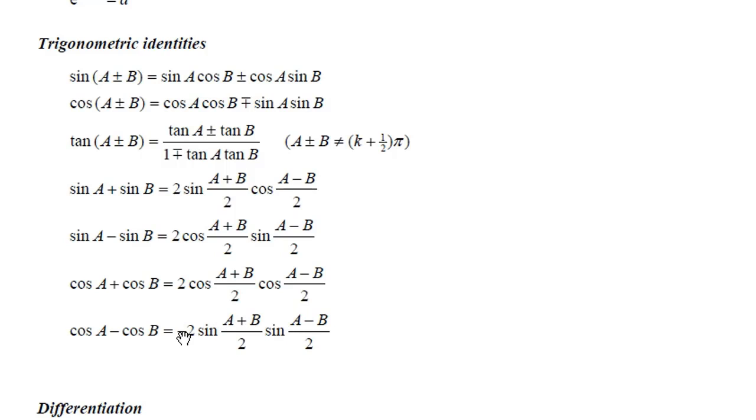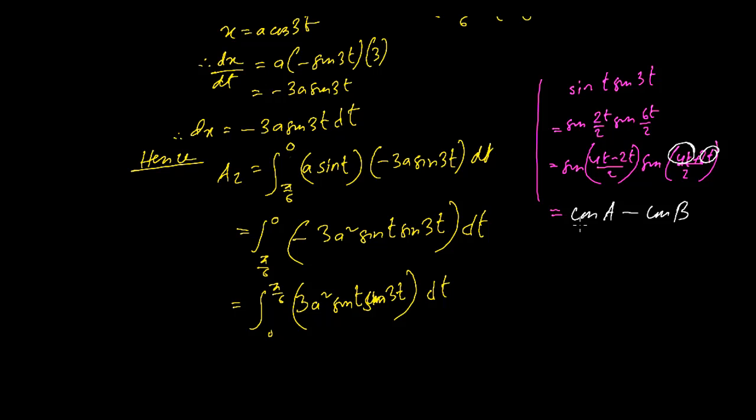There has to be a minus 2 here. Since there has to be a minus 2 in front and in our sum we don't have any minus 2, we can just send this to the other side and write minus half. So sin t sin 3t equals this into minus half.